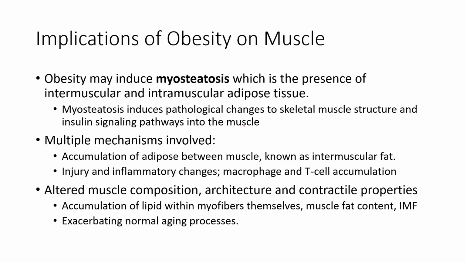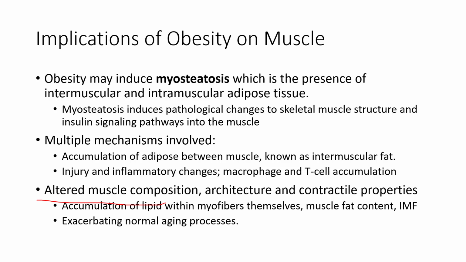Now, with these changes in the muscles, we think there are multiple mechanisms. Maybe just the accumulation of adipose tissue and its paracrine functions affecting the neighboring tissue. There may also be diffuse inflammatory changes, with macrophage and T cell accumulation in the muscle causing changes. Overall, we see an alteration in the muscle composition, architecture, structure, and even its contractile properties.